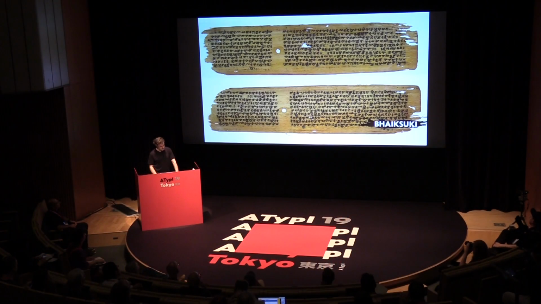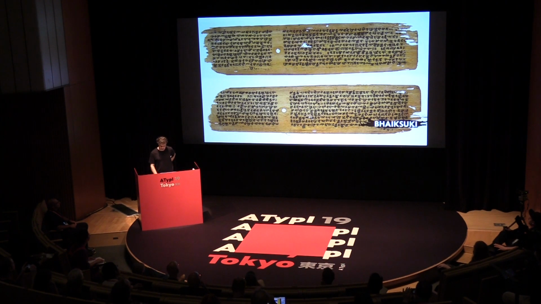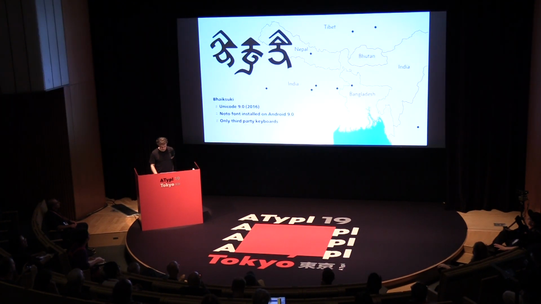One is Baiksuki. This is an Indic script from South India mostly, and it's actually found a lot of different places. India, sorry, North India, Tibet, Nepal. There's various encoding or manuscripts found all over the place.